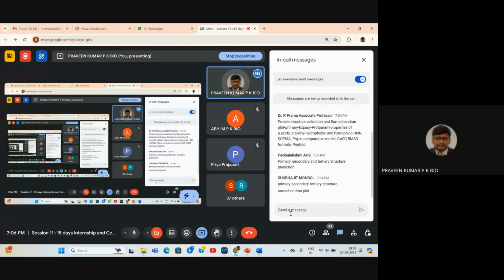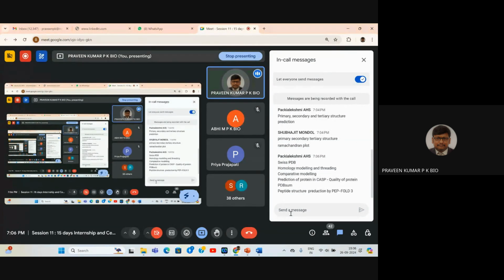For the Ramachandran plot, I showed you from Swiss Modeler. You remember, in Swiss Modeler, after prediction of a model, I went to the structure assessment. Inside the structure assessment, if you click, it directly takes you to the tool where one can see the Ramachandran plot for glycine, proline, and also overall.